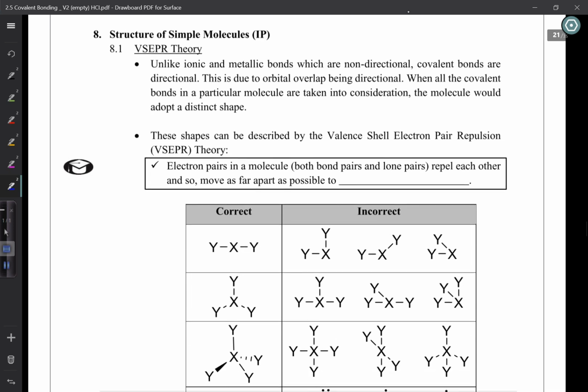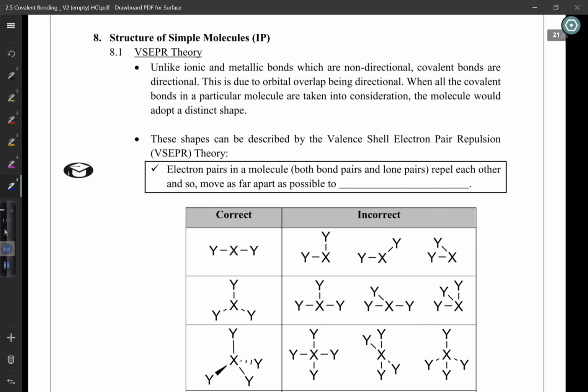Alright? So now we'll talk about the VSEPR theory. Basically, at the start, what we talk about is bonding, correct? So I make sure that you know how to draw the bond already, then we can talk about the structure. Because if you don't know how to draw the bond, then there's no point moving to structure because you will already be stuck at the first step. And then after that, we learn about bond polarity, right? Why do we learn about bond polarity?